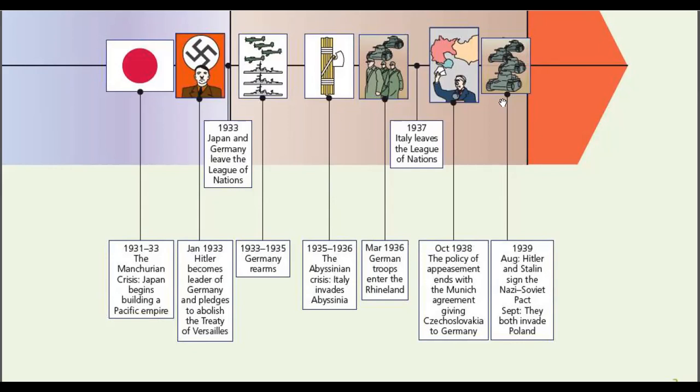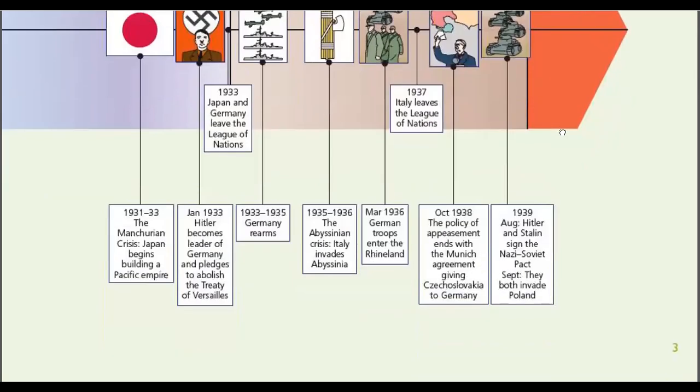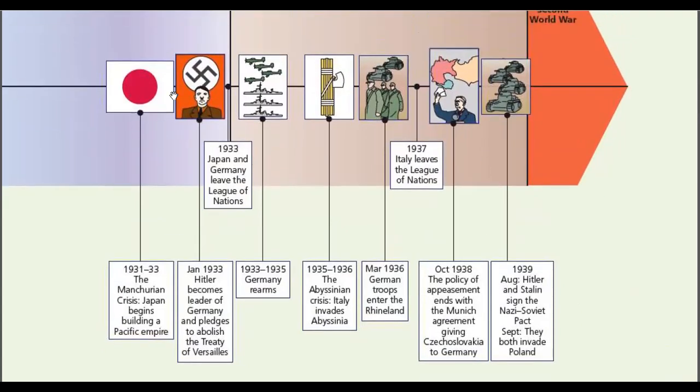Also, in August 1939, Hitler and Stalin signed the Nazi-Soviet Pact. It is called the Nazi-Soviet Pact.